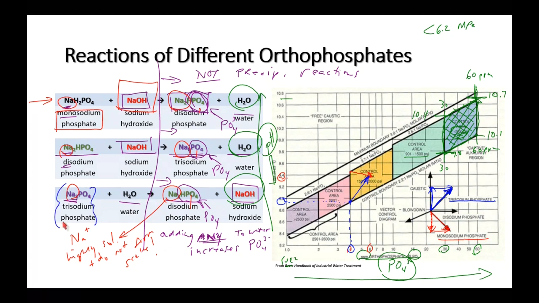Trisodium phosphate, Na3PO4. What does it do? It combines with water. It increases the phosphate, and it releases sodium hydroxide. It produces sodium hydroxide. Sodium hydroxide has a high pH. So in other words, by producing hydroxide, you increase the pH, and you increase the phosphate.